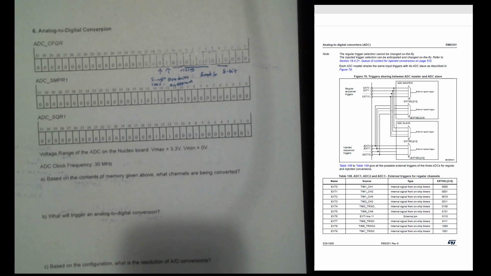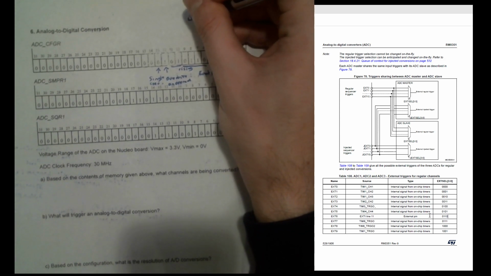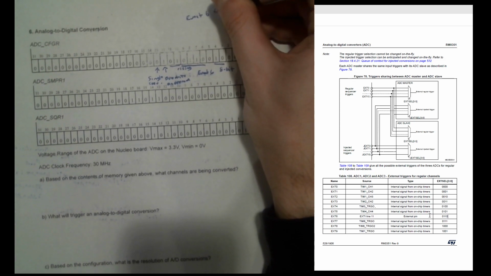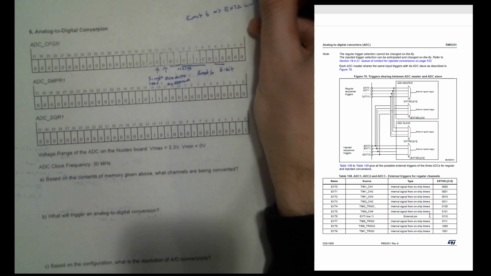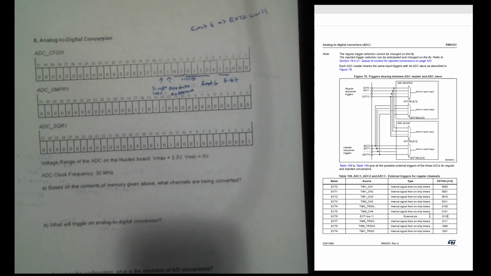If we look through these values and find 0110, we can see that it is linked to EXTI line 11. So we might want to remember that event 6 is EXTI line 11, right? So some external interrupt that's connected to the ADC.